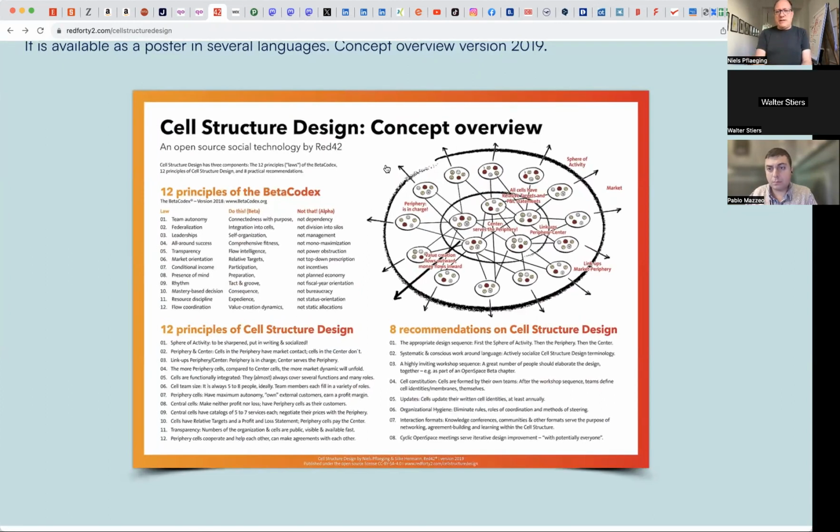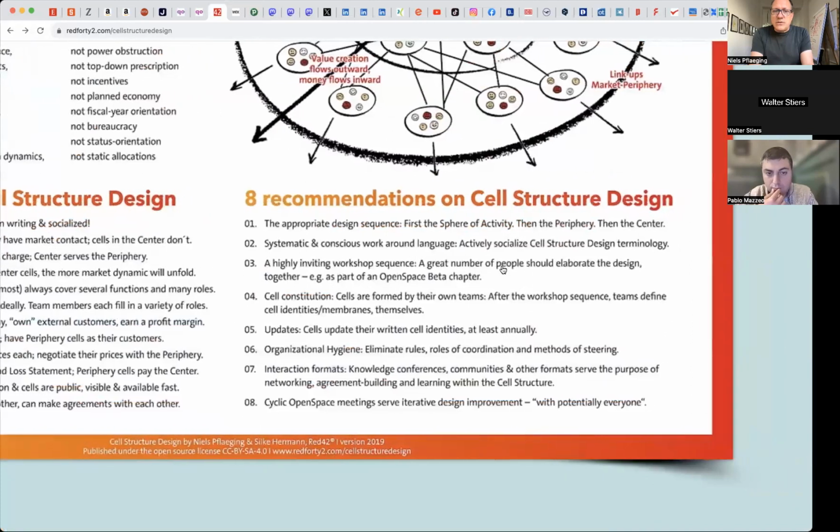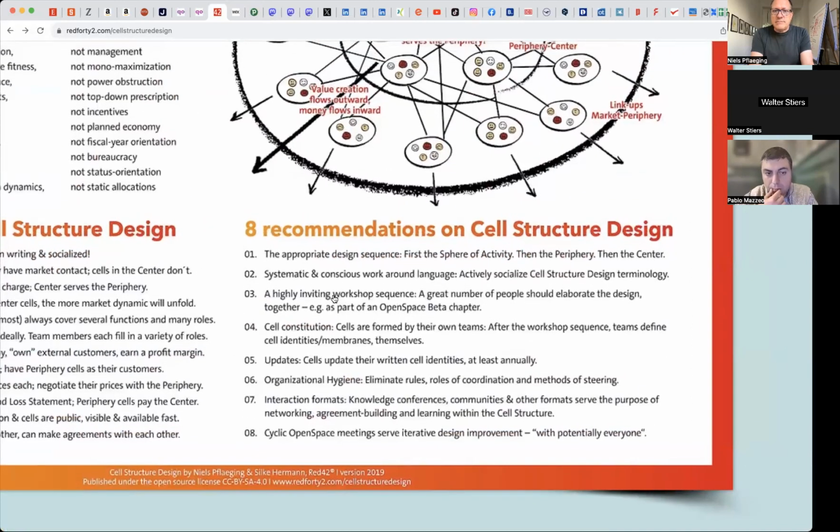That's the maximum it should take. Yeah, but usually it takes a month. And for that, you need a certain amount of people participating in this design phase, and you need that workshop sequence here that I mentioned in recommendation number 3, if you look at it. Yeah. And then follows what we call cell constitutions, cells set themselves up, and so on. So these 8 recommendations, they are really a description of how to proceed, how to do it. Yeah.